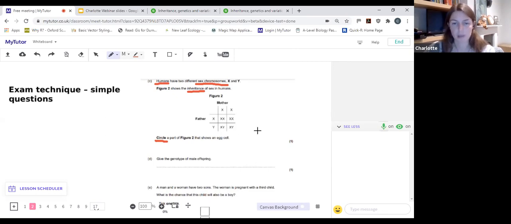That's a good way of practicing your technique. Let's go for it. Good. Loads of people getting that one. For 1 mark there, so you only have to do one thing. It's pretty obvious in this one, circle. And yes, exactly. So XX shows an egg cell. Well done.